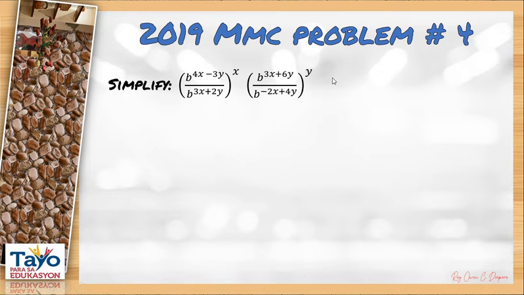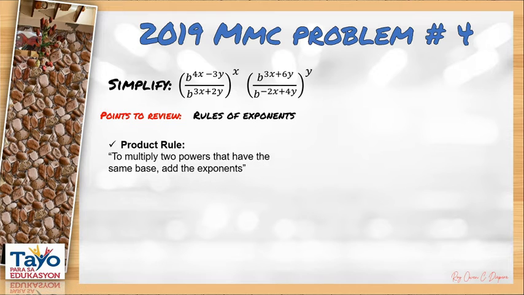Now, before we can answer this, of course, allow us to have points to review. In particular, the rules of exponent. Let's start with the first one, the product rule. The product rule states that to multiply two powers that have the same base, add the exponents.